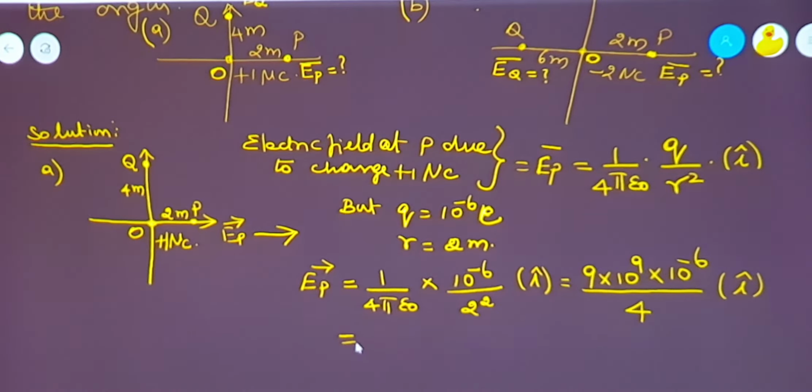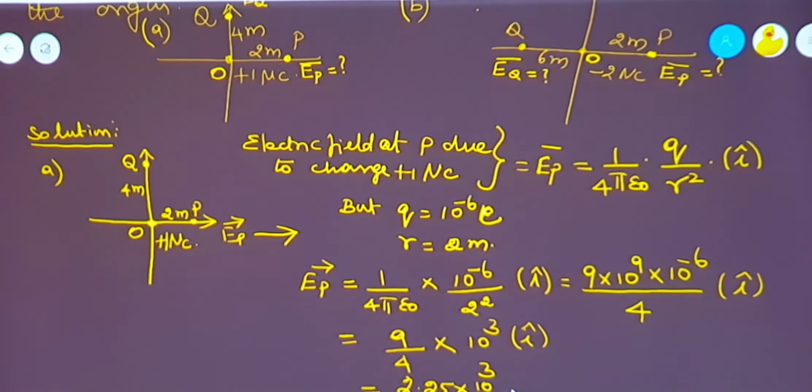On simplification, 9 divided by 4 multiplied with, on simplifying these two, it is 10 to the power of 3 I cap. You can leave as it is, or you can simplify and get the answer. When you are dividing 9 by 4, you will be getting it as 2.25 into 10 to the power of 3, and you have calculated what?